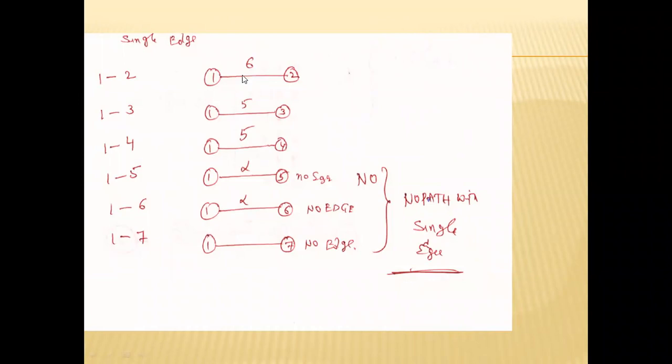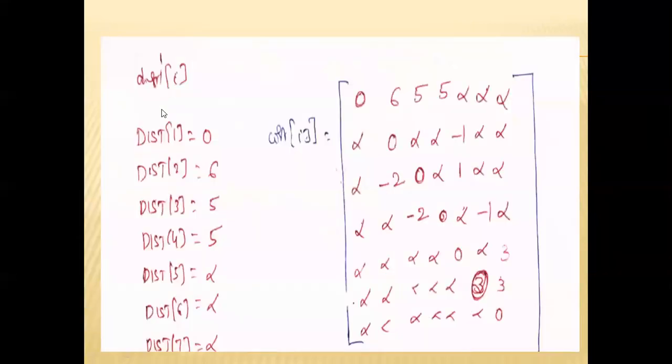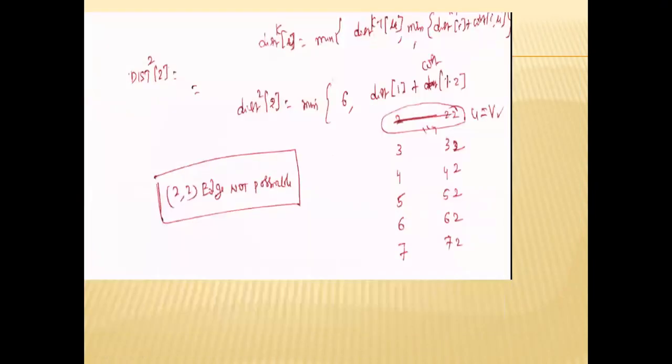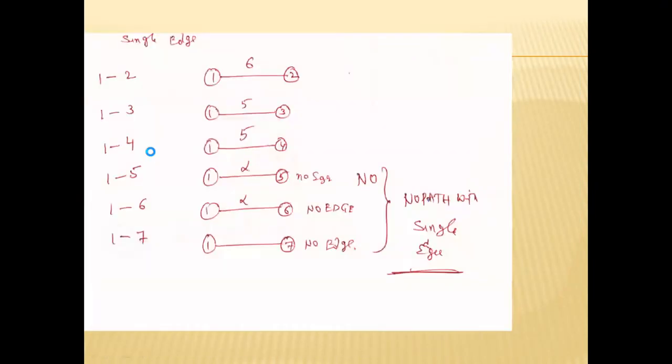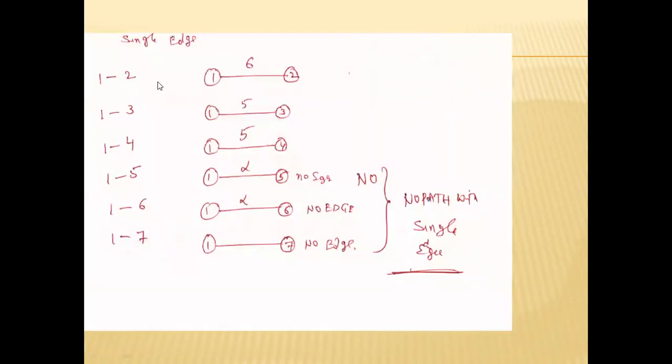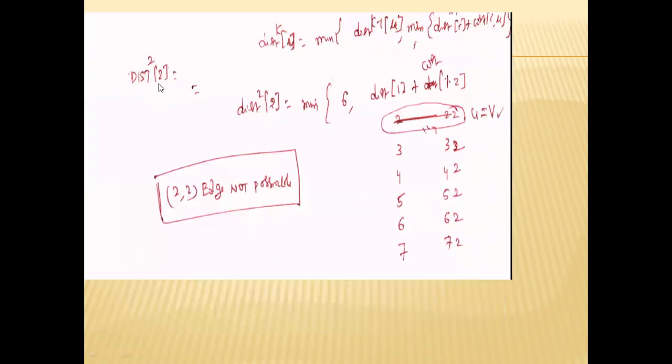We are just calculating single edges, where there is only a direct connection with one single edge. It is represented by distance power 1: distance power 1 of 1, distance power 1 of 2, distance power 3, distance power 4, distance power 5. Next, using distance power 1, we are calculating distance square 2.